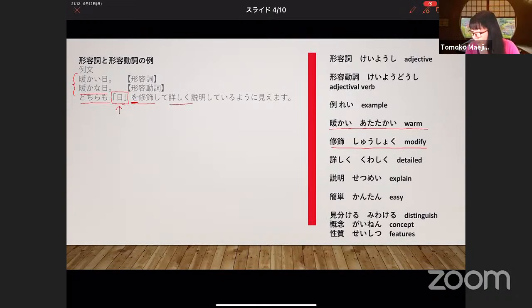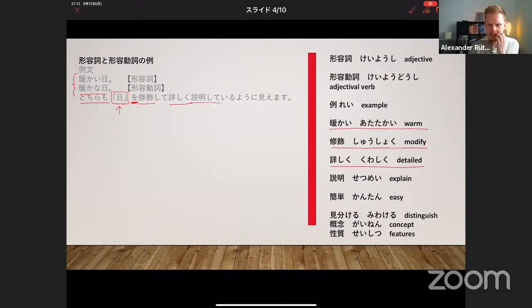Next part. Here, 詳しく means detailed. 説明して いる. Iru is like the continuous form.